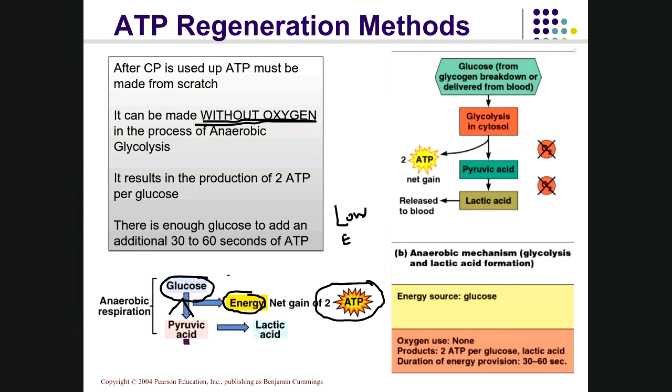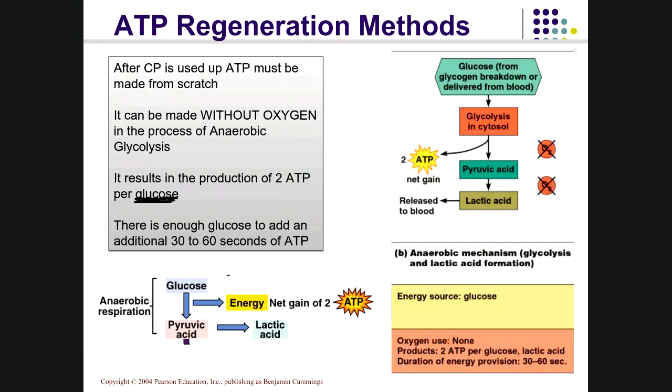You only get 2 ATPs per glucose. And again, there's not an unlimited supply of glucose either. We only have a certain amount in our cells. And so if you use up every single glucose you have in the cell, that gives you another 30 to 60 seconds worth of ATP.